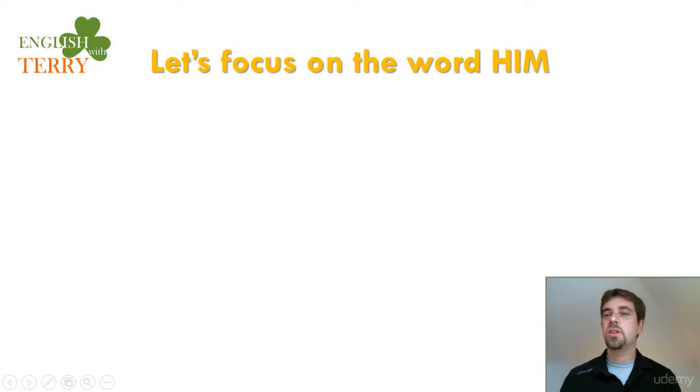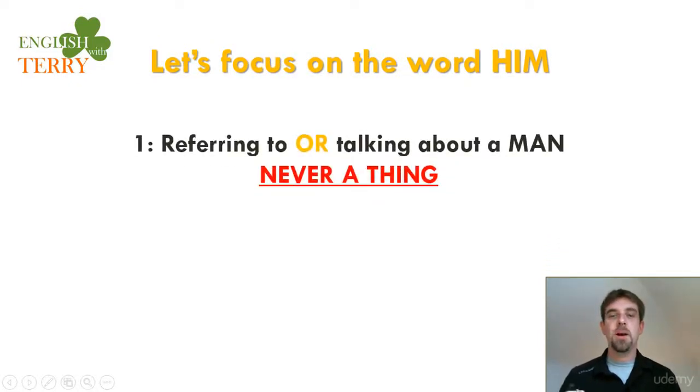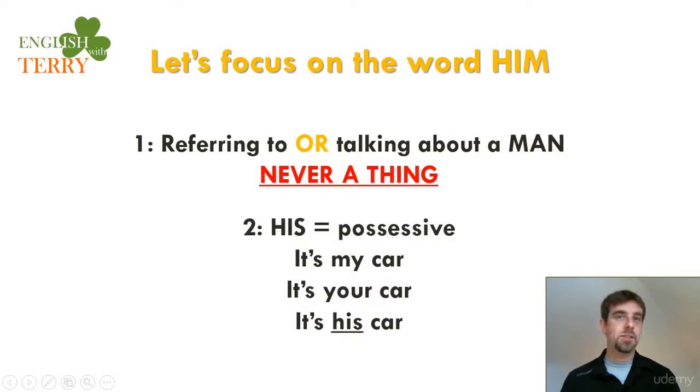So when we focus on the word "him", we are talking about a man, never a thing. Different languages can put masculine or feminine onto nouns, but in English we do not. "Him" refers to a man, never a thing. "His" is the possessive. It's my car, it's your car, it's his car. So our focus is on "him" to "im".